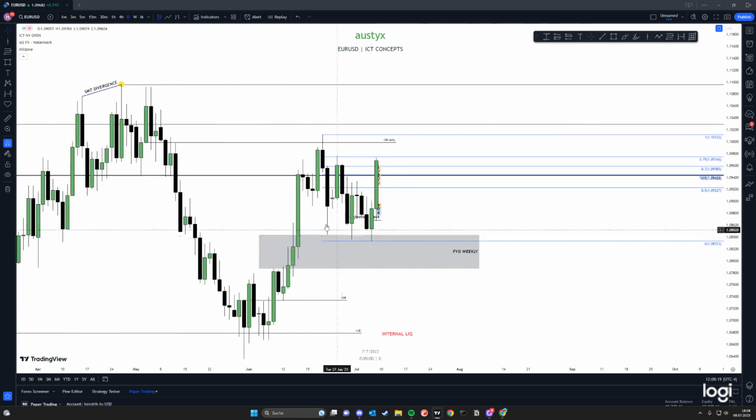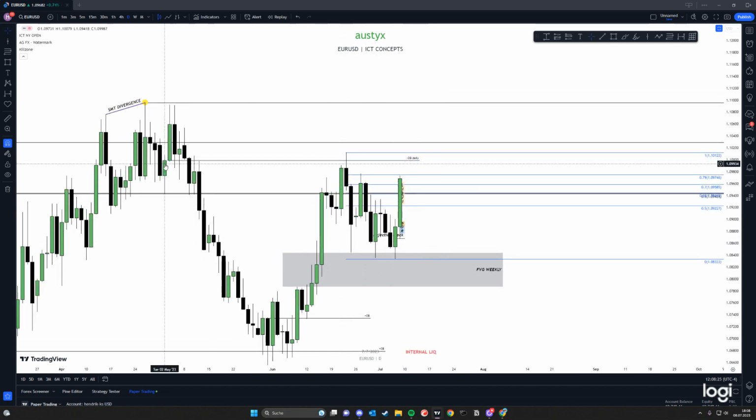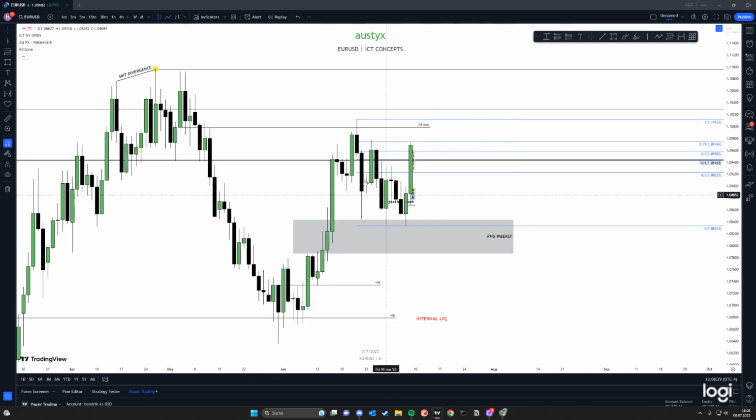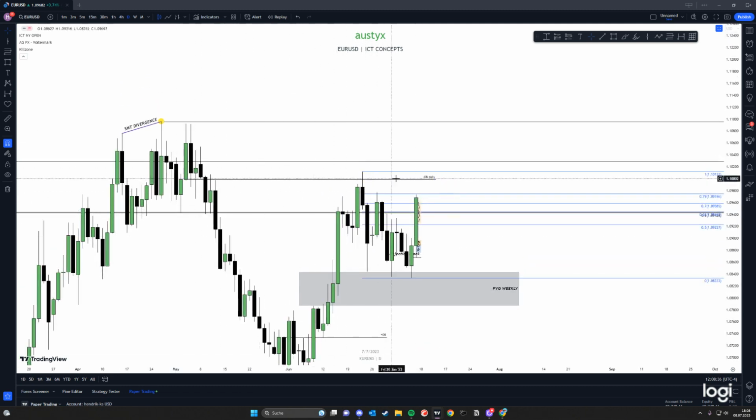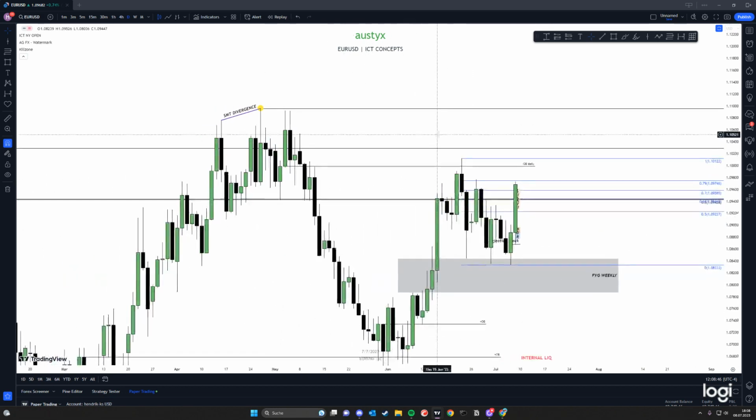Took out some lows, also got immediate rejection to the upside and not much price action below with the daily order block, which didn't really cause any market structure shift or anything like that. So this one, it's tiny. Not any major change in market structure of the daily order block still. So probably disrespect this one. This could have been the first retest, and now we disrespect it coming into next week.